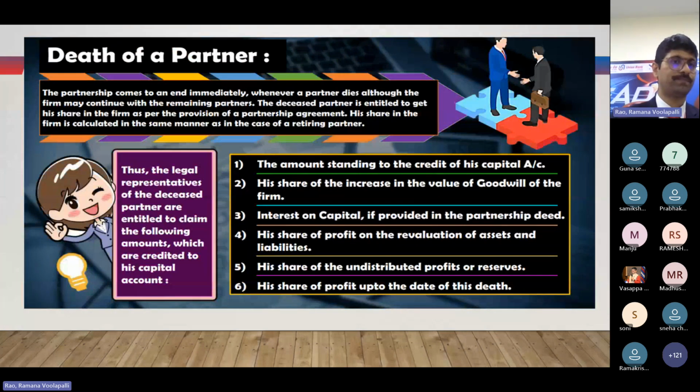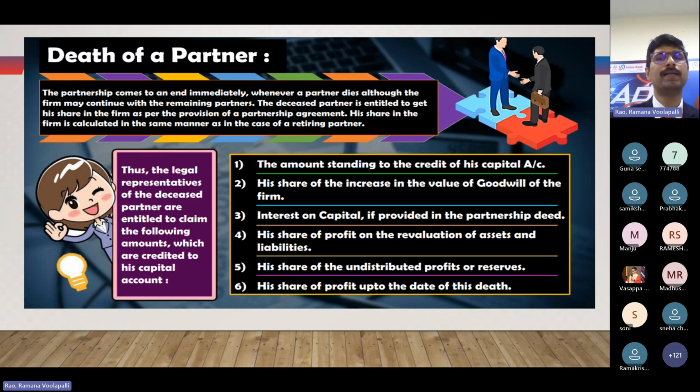Death of a partner. The partnership comes to an end immediately whenever a partner dies, although the firm may continue with the remaining partners. As we have already said, whenever there is a change in the constitution, because the death of one of the partners changes the constitution of the partnership, it comes to an end immediately.